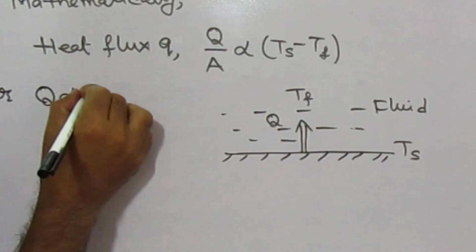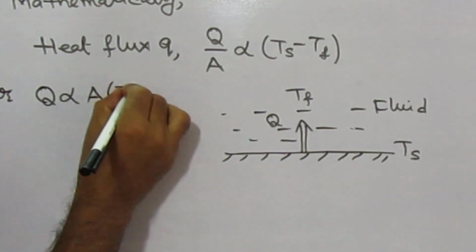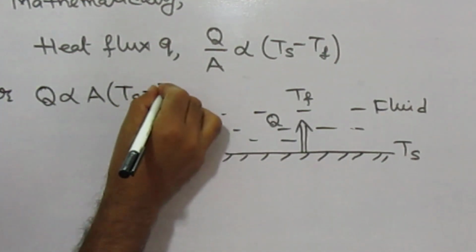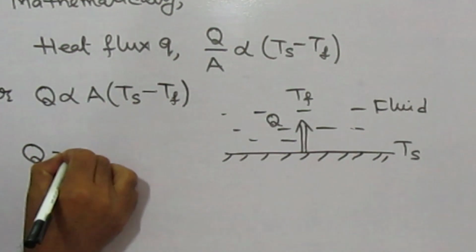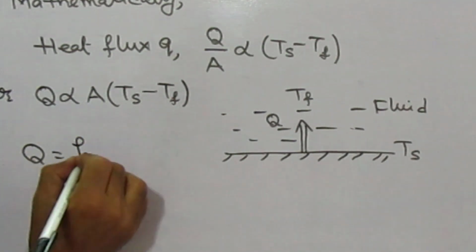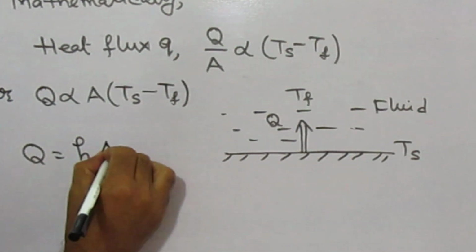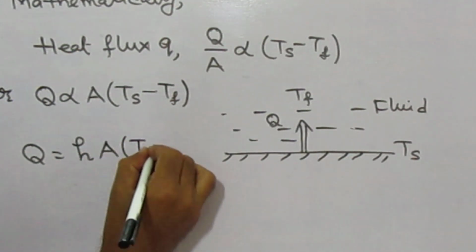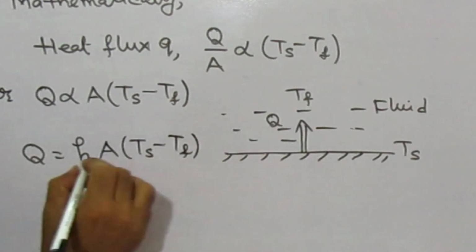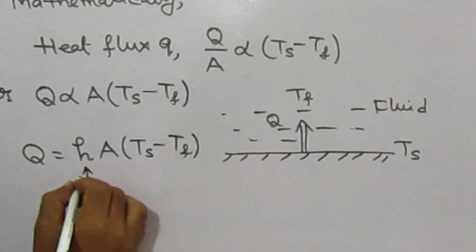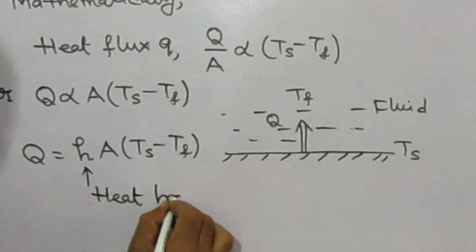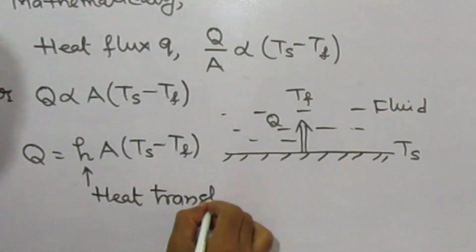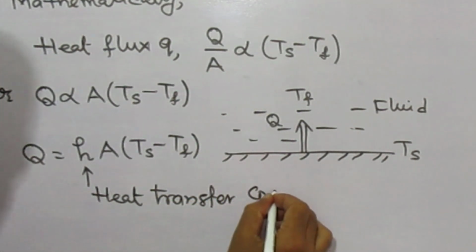or Q is proportional to area into temperature difference, or Q equals H, constant, multiplied by A into Ts minus Tf, where H is heat transfer coefficient.